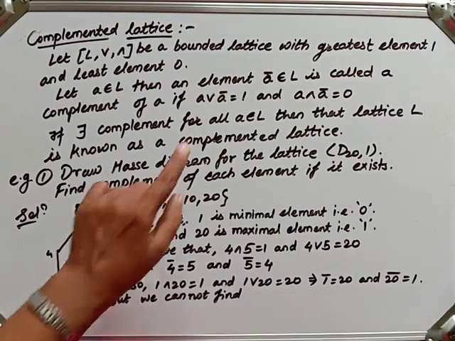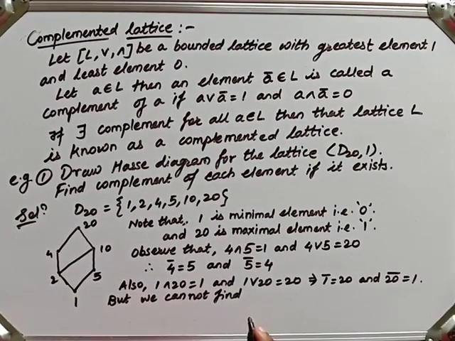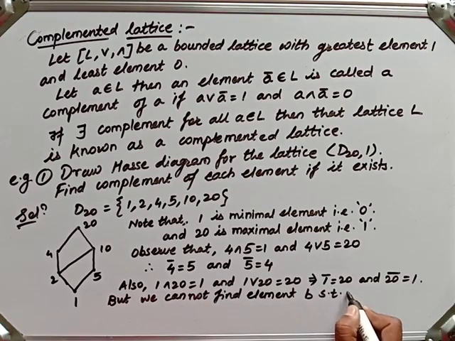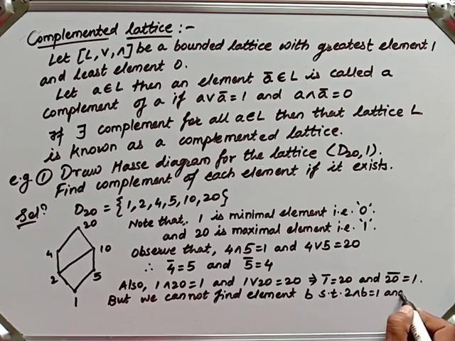In a complement both conditions should be satisfied, only then it will be a complement, otherwise it is not. So we cannot find an element B such that 2 meet B is equal to 1 and 2 join B is equal to 20.